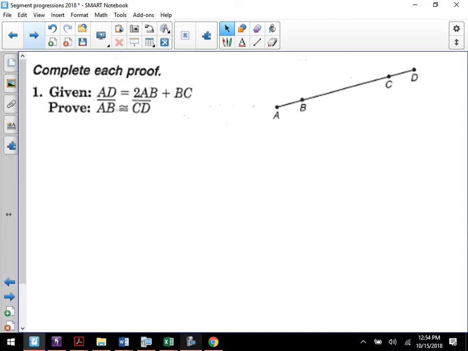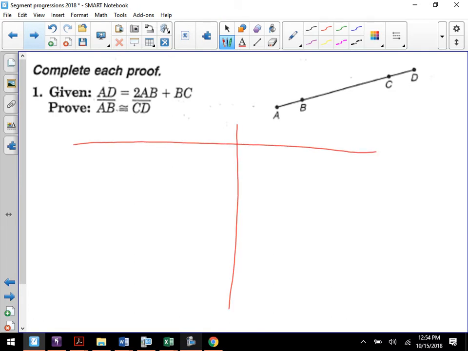So as I'm going into this, I'm looking at the info. AD is made up of twice AB plus BC. That's given. Now when I look at my diagram, AD is that entire segment.